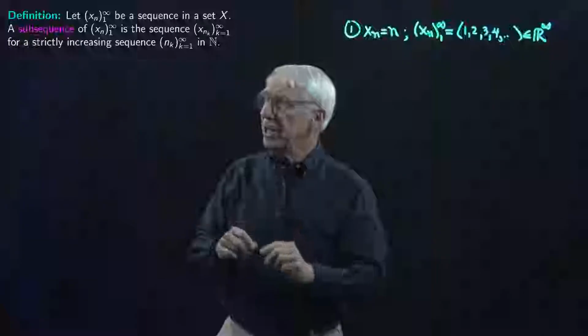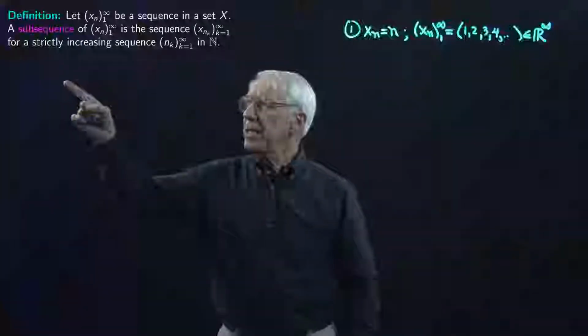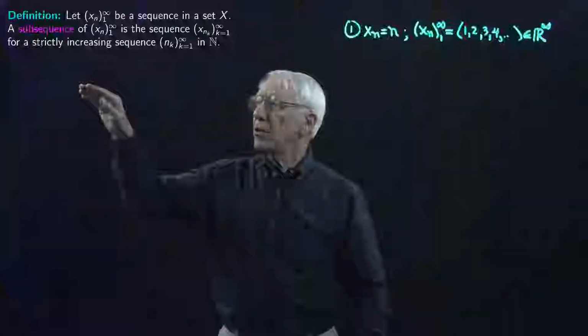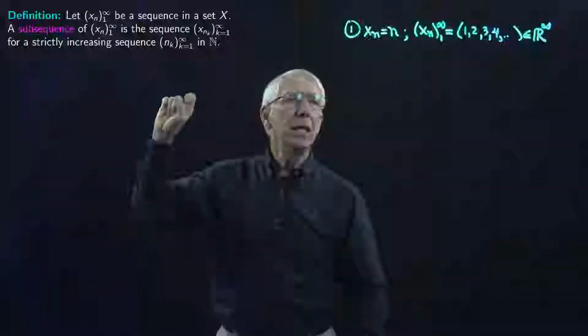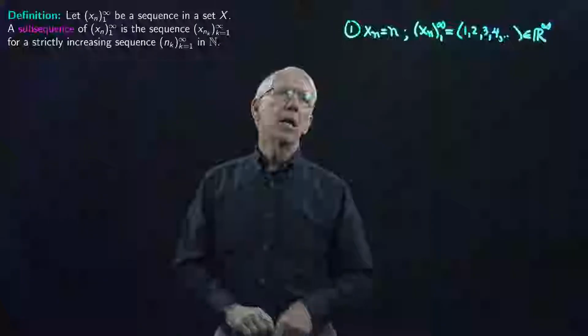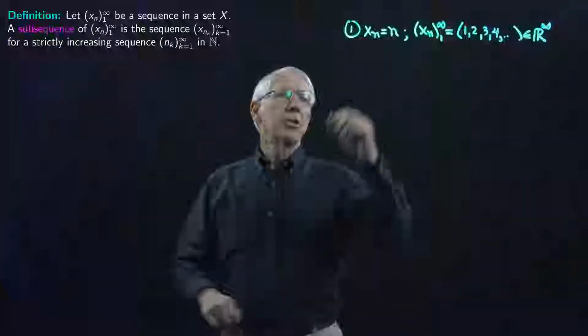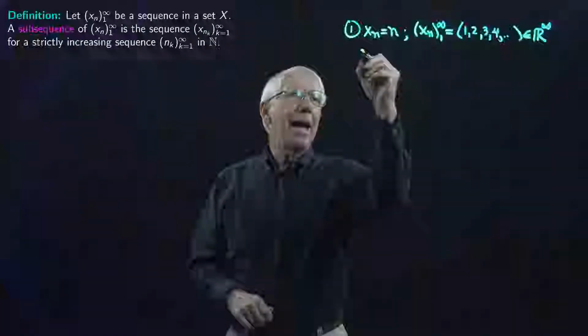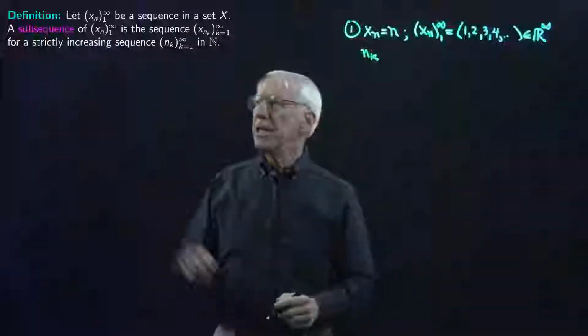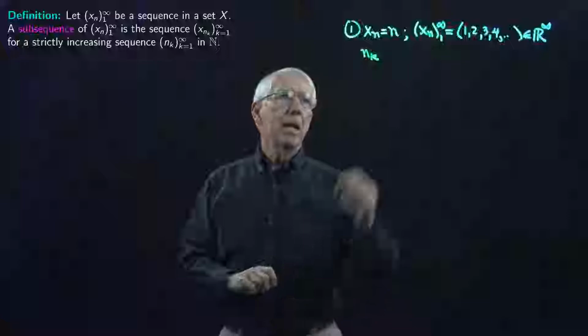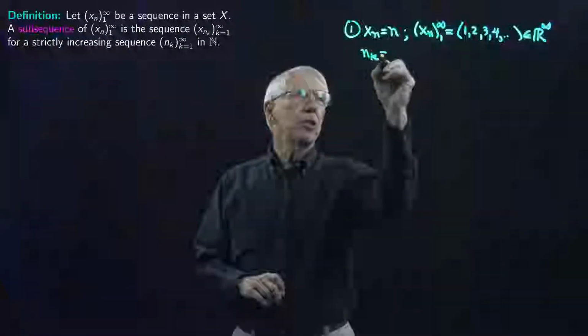To have a subsequence, this definition says that we start with a strictly increasing sequence in the natural numbers, and we call that n sub k.